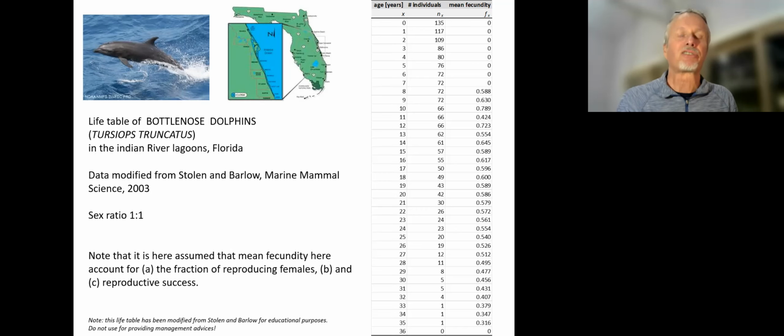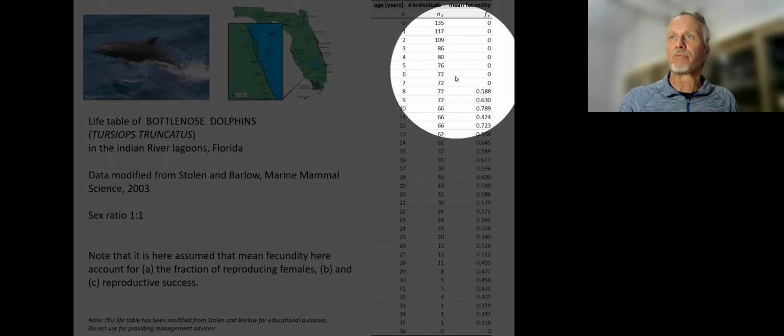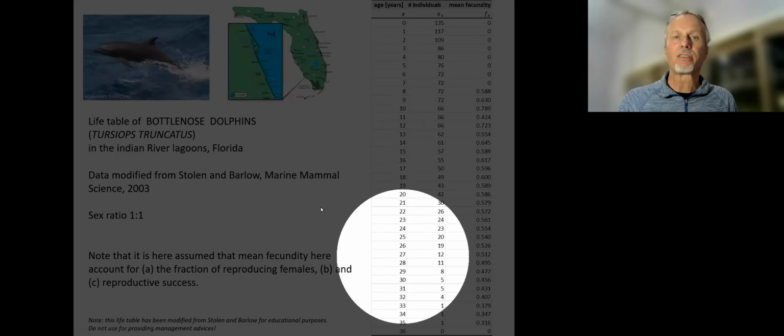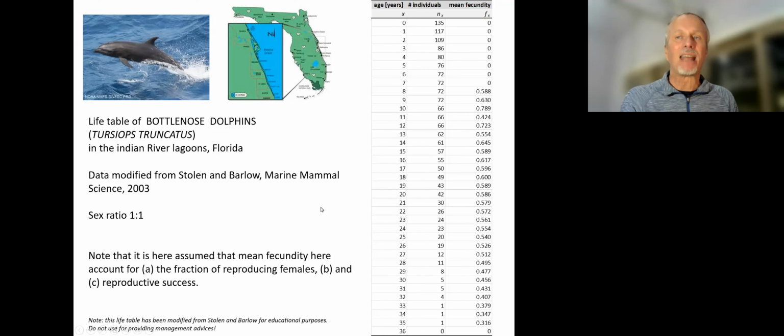Here we assume the sex ratio is 1:1, and we also assume that the fecundity, as represented in this column, is the mean expected fecundity that already accounts for the fraction of females that are actually reproducing, since not all of them are, and those that are able to generate offspring. So it accounts for reproductive success.